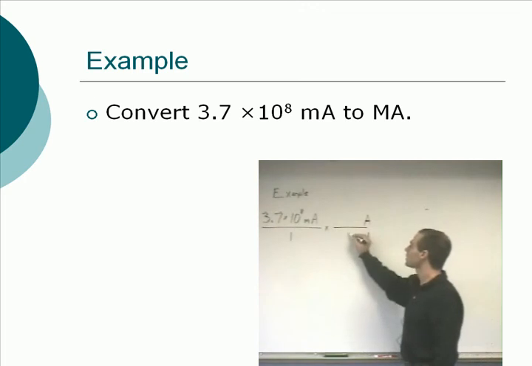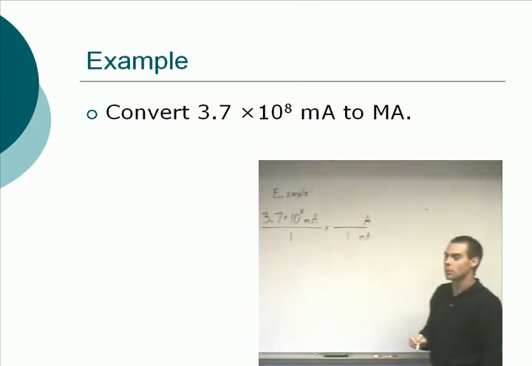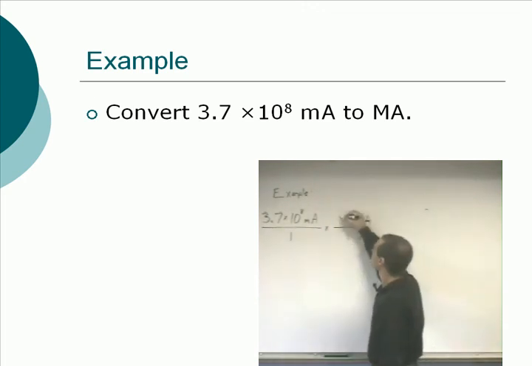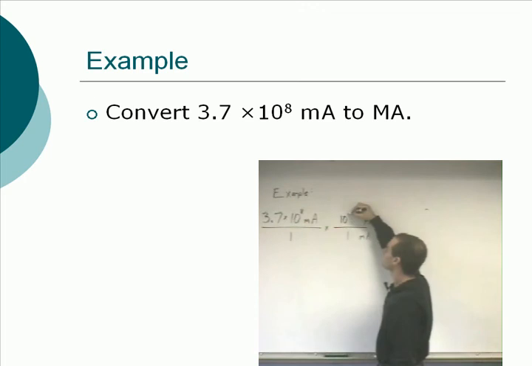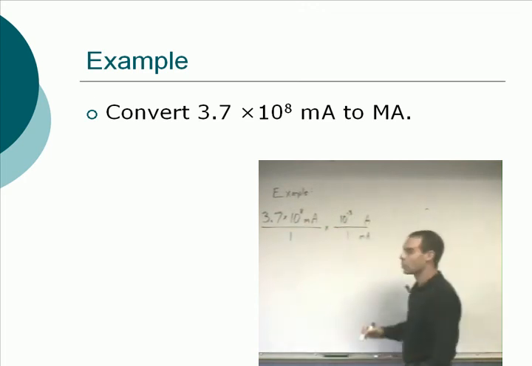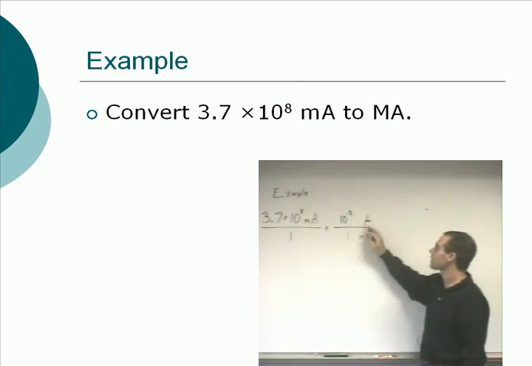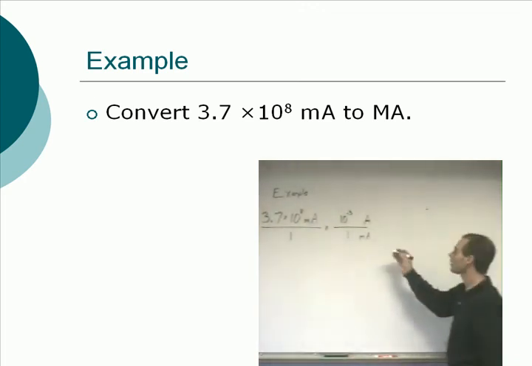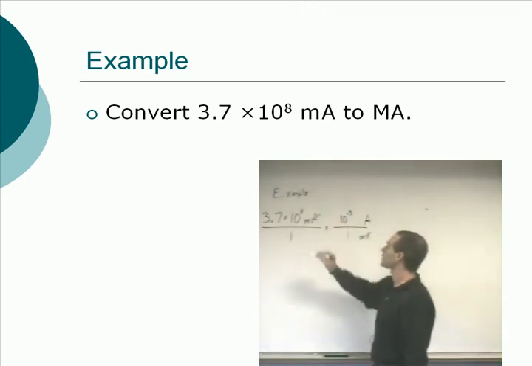Now, 1 milliamp, what does milli mean? Yeah, thousandths. So 1 milli is 10 to the what? Negative third. 1 milli is 10 to the negative third amps. Okay, so now if we cancel that out, we'll be in amps.